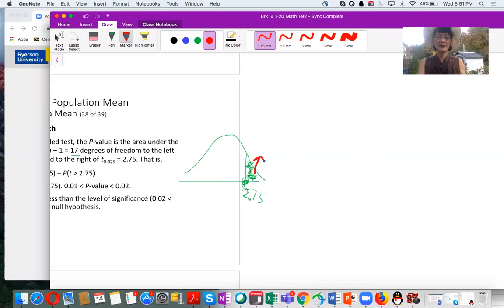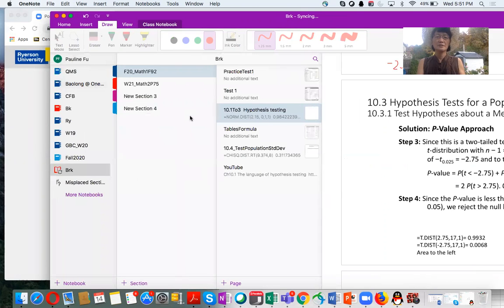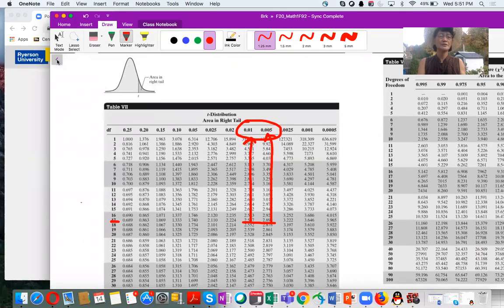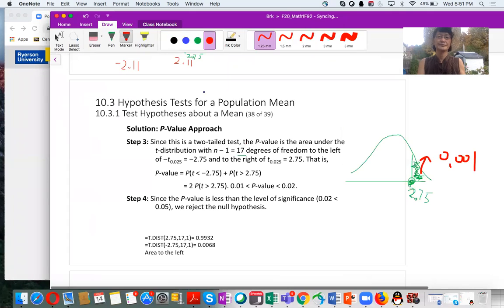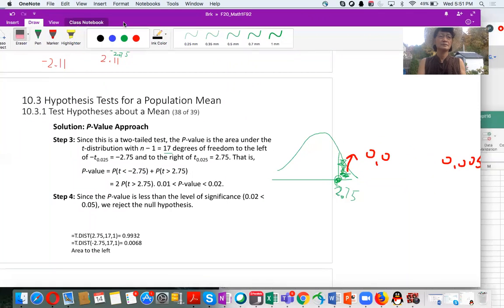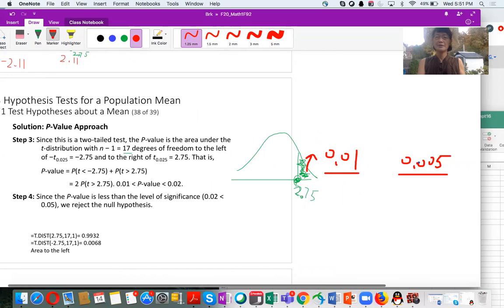So this area is between 0.005 and 0.01. Let me double check. Okay. This is the area, not the p-value. This area times 2 is the p-value.